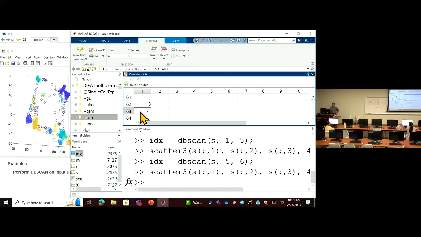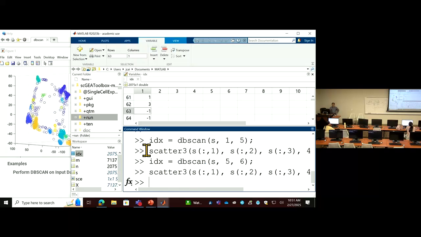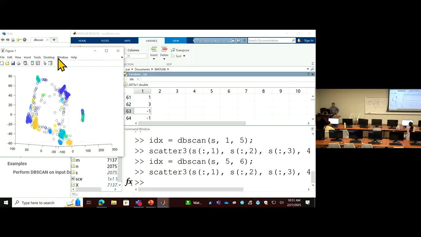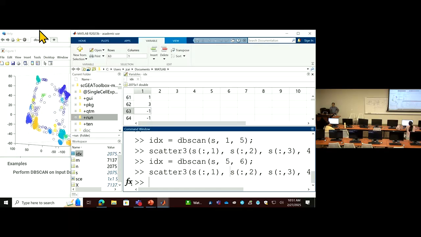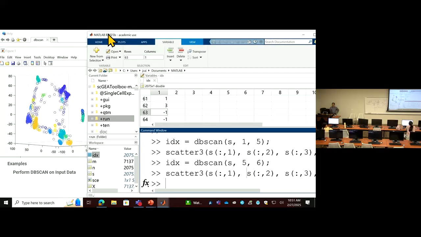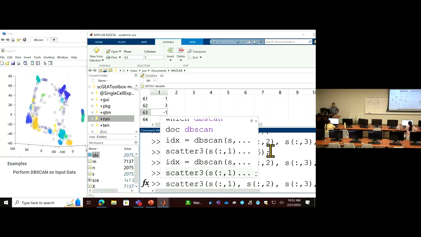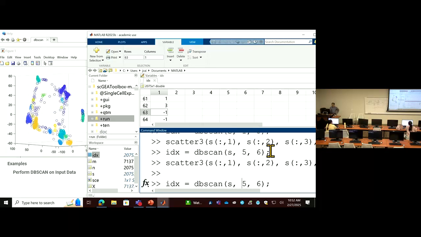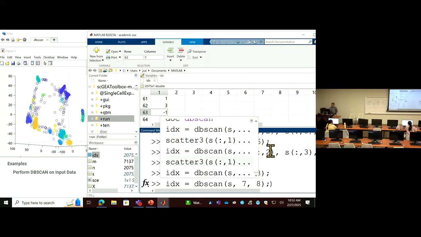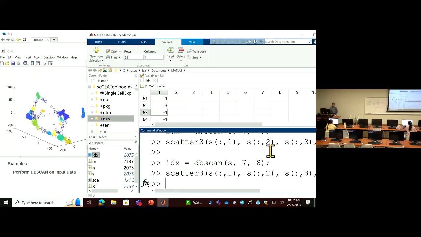So I'm pretty sure -1 are the outliers considered by this algorithm. So I'll try maybe another number, 7, and here put 8. Let's see what we get. Okay.